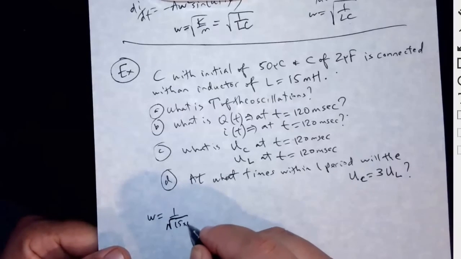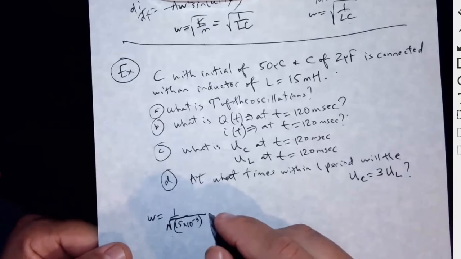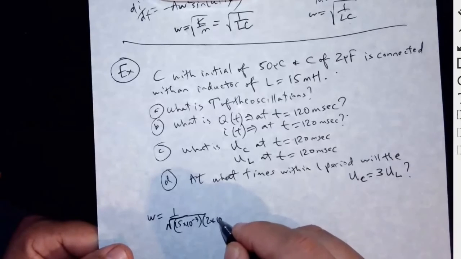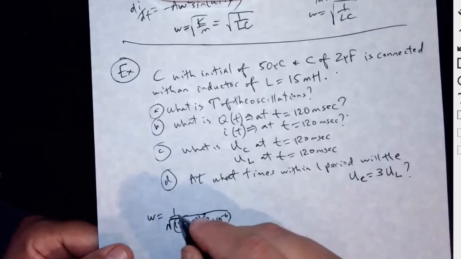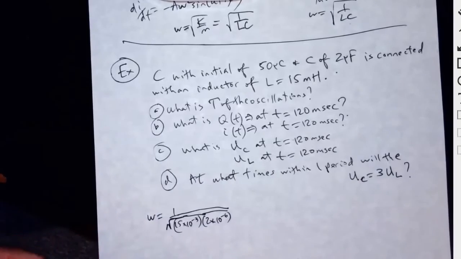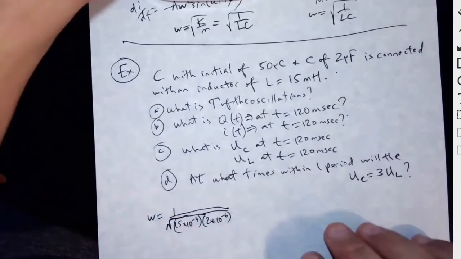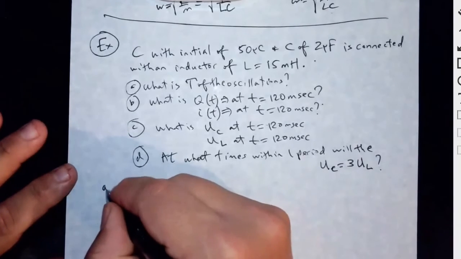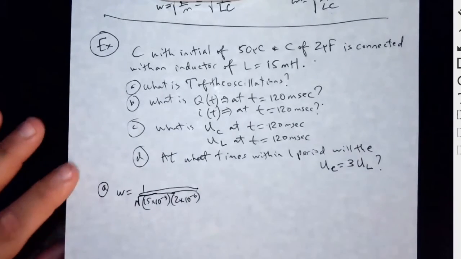And then the capacitance is 2 microfarads. That's how you get the omega.